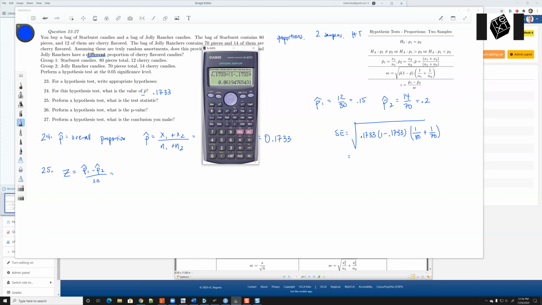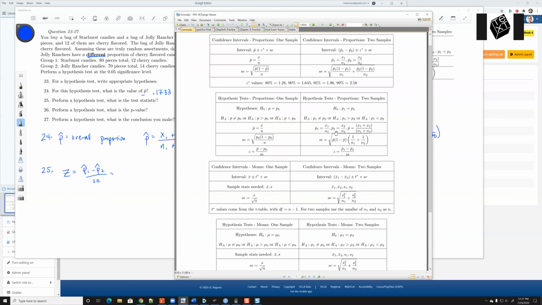Yes, you're going to have 1 over, you just use the two different numbers.